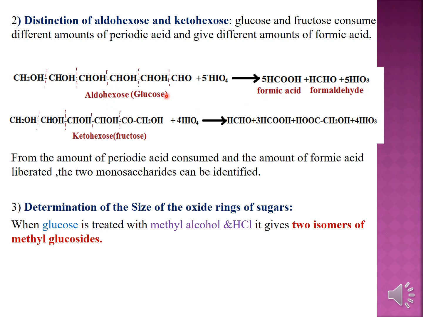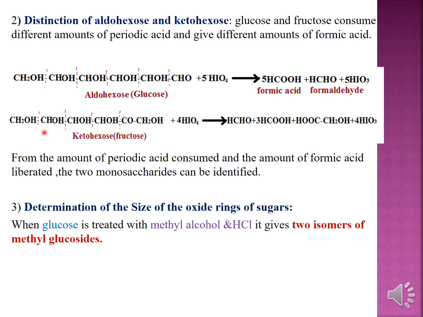If you take glucose, that is your aldohexose, and treat it with 5 molecules of periodic acid, the CH2OH and CHOH get cleaved. You get 5 molecules of formic acid with the cleavage of 1 formaldehyde: the CH2OH is getting converted into formaldehyde, and the whole of the rest of the moiety is getting converted into formic acid, with the liberation of 5 HIO3, that is your iodic acid.